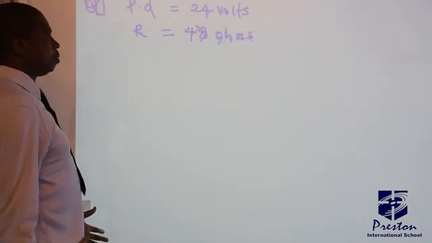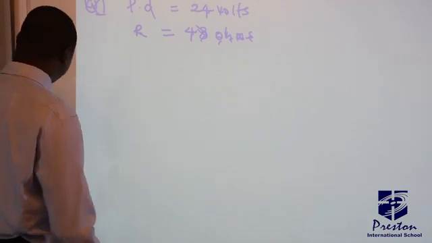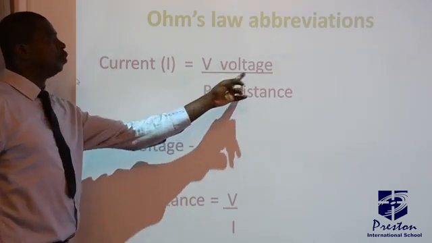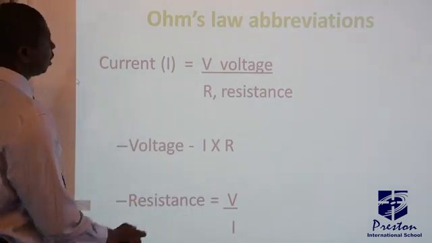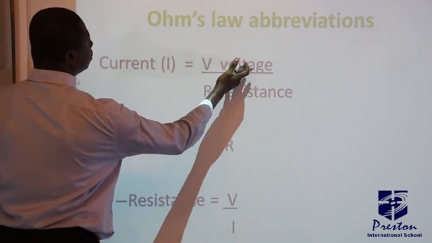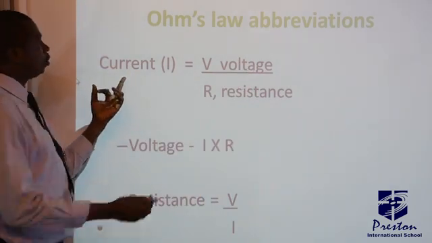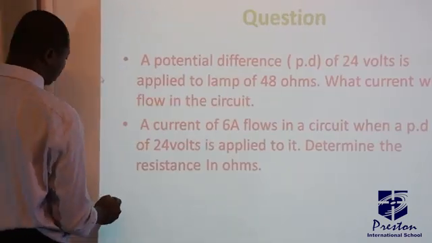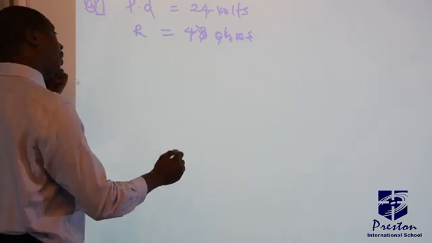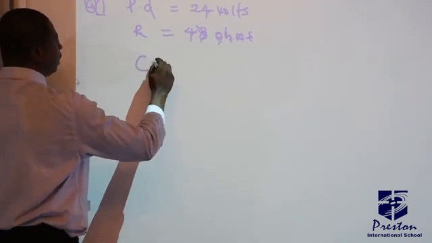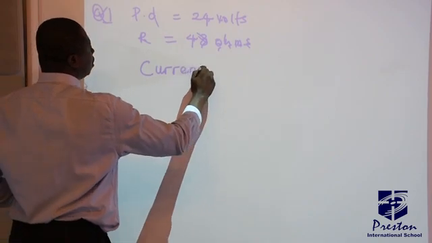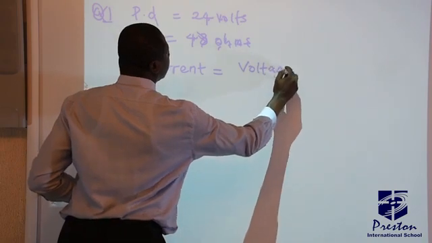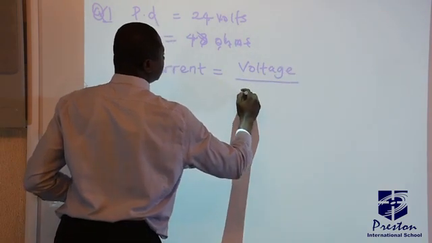To solve this question, remember the relation I told you about: current equals voltage over resistance. In the question, we're given the resistance and the voltage, so we have to find the current. So we write the formula out first: current equals voltage over resistance.